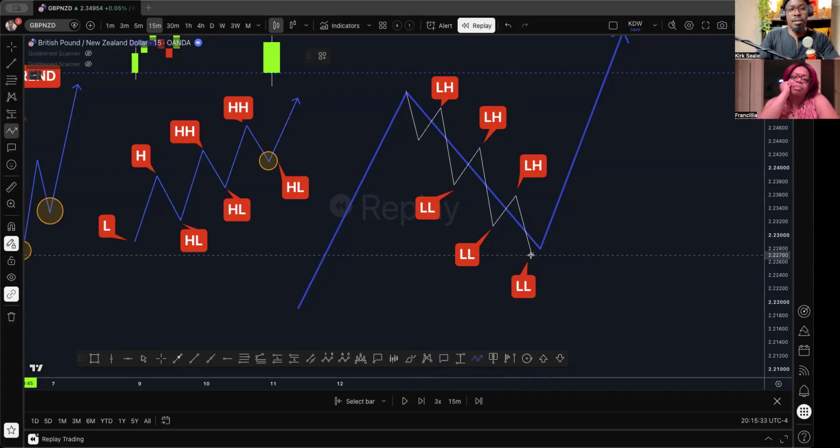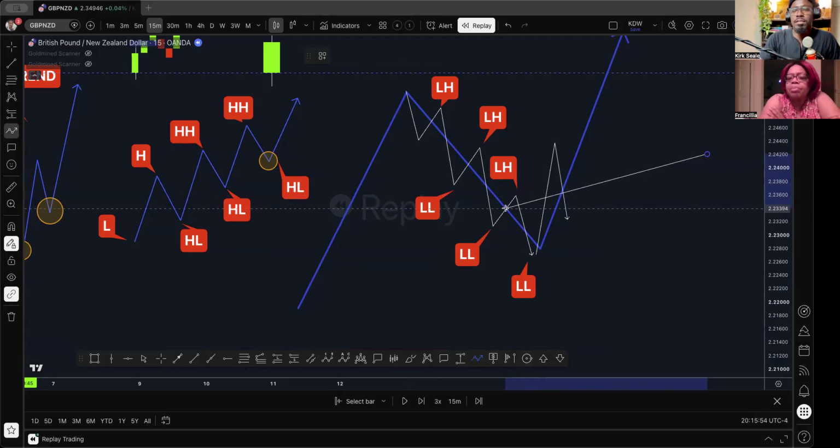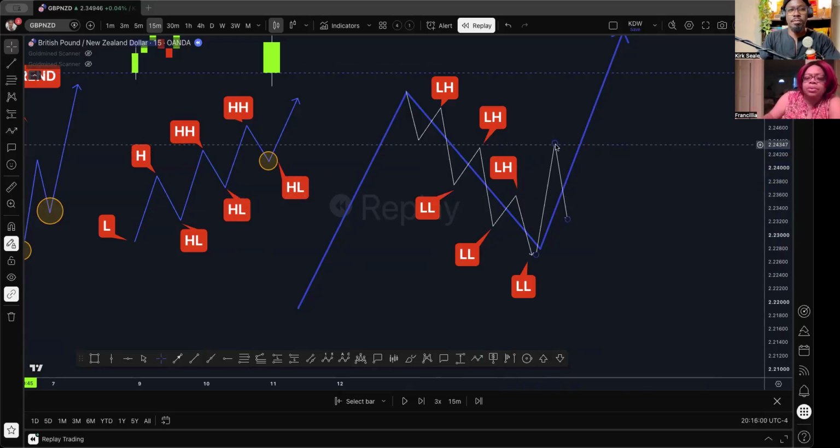Here's what I mean. From here, if price goes up and we do not get a lower high, but instead price does this, is this high lower than this high? That's the first question. Is this high lower than this one? No. Okay.